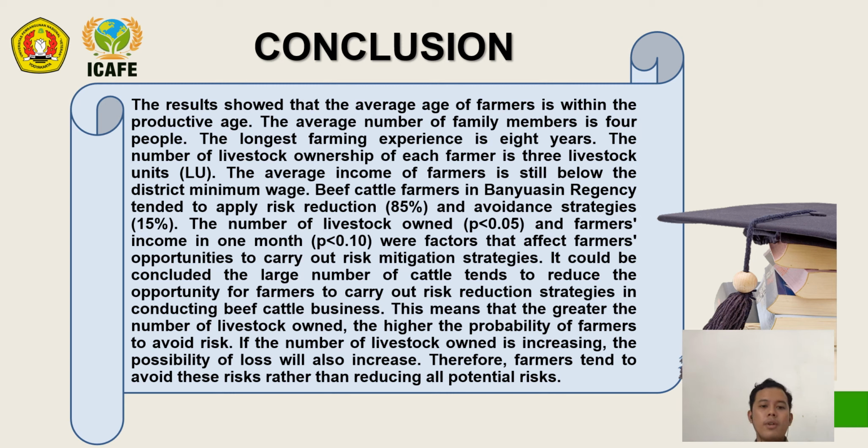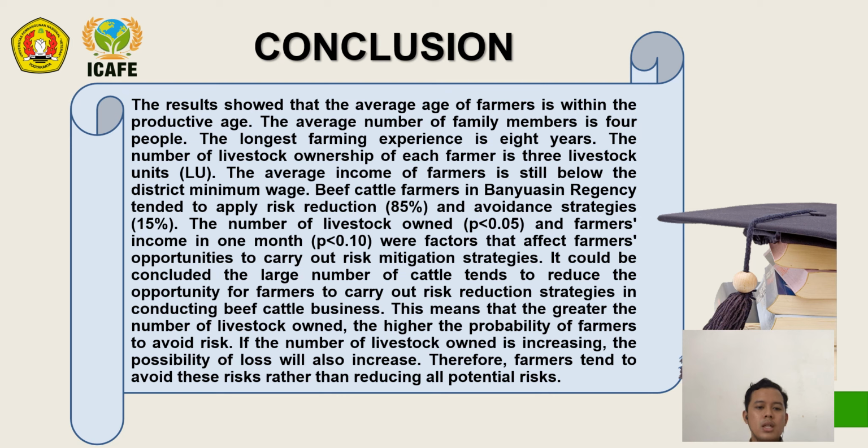The number of livestock owned and farmers' income in one month were factors that affect farmers' opportunities to carry out the risk mitigation strategy. It could be concluded that a large number of cattle tends to reduce the opportunity for farmers to carry out risk reduction strategies in conducting beef cattle business.